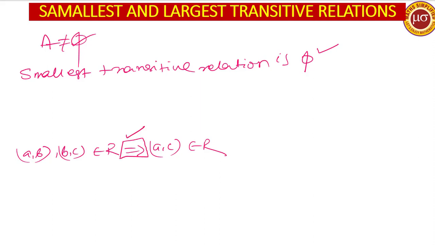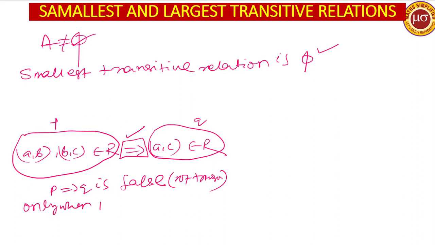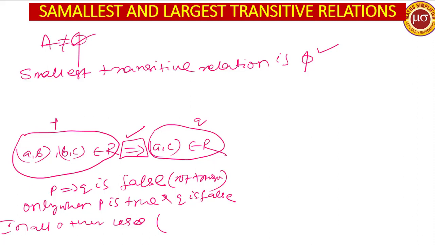I take this as P and this as Q. Now P implies Q is false only when P is true and Q is false, and in all other cases P implies Q is true, that is transitive.